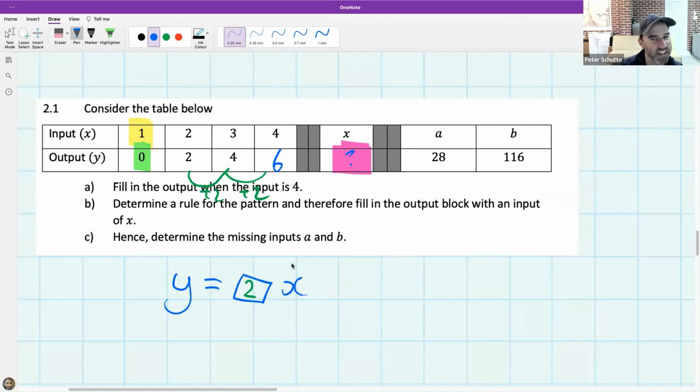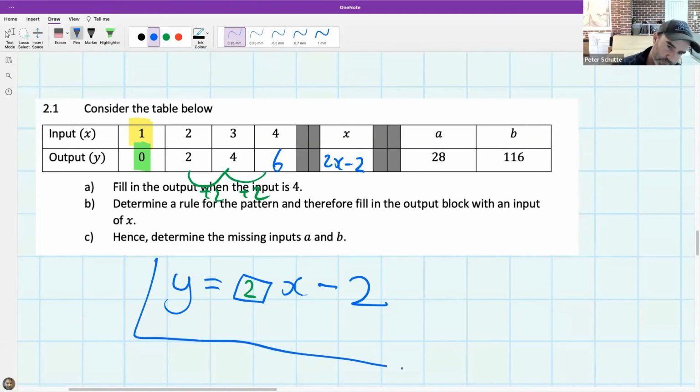This is a bit sneaky. Aha, yes. So it's not going to be 2x plus 2. It's going to be 2x minus 2. And so in this bit here, the rule is just going to be 2x minus 2, or y is equal to 2x minus 2.